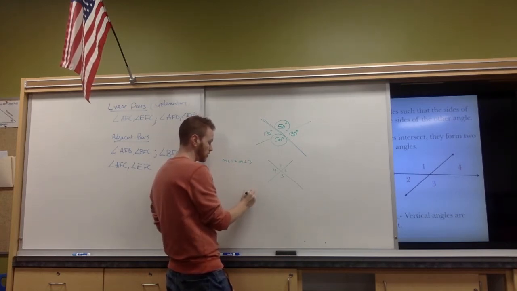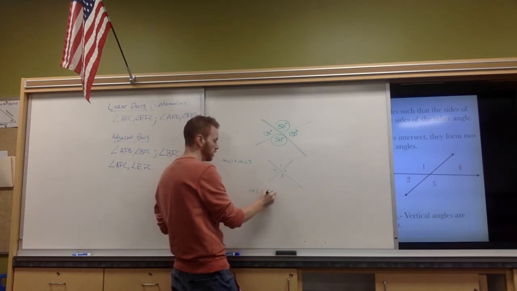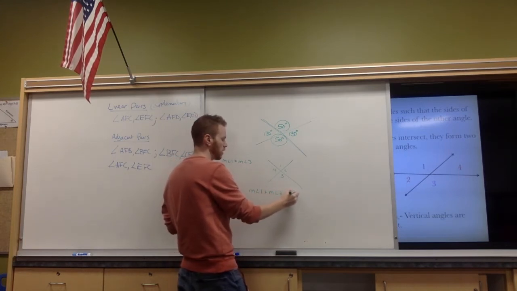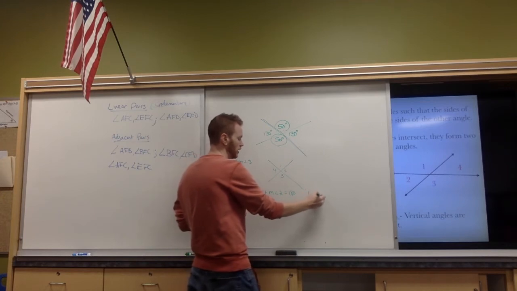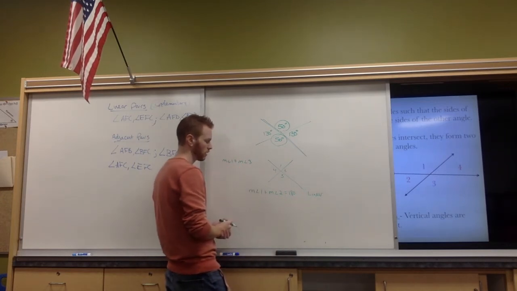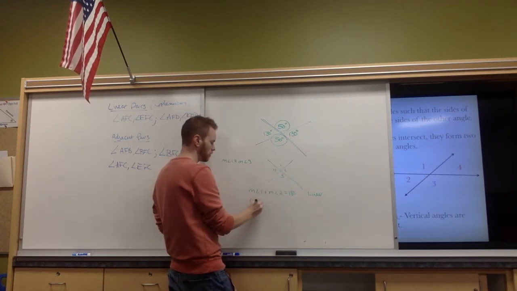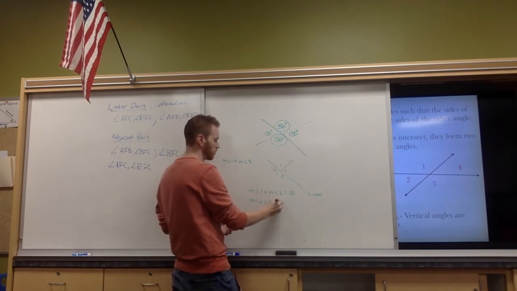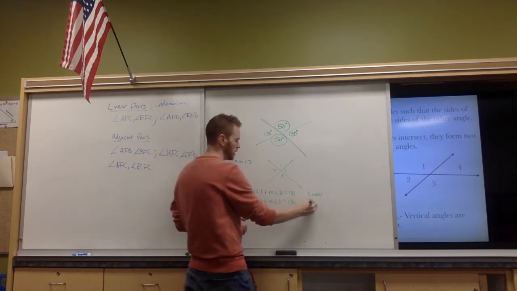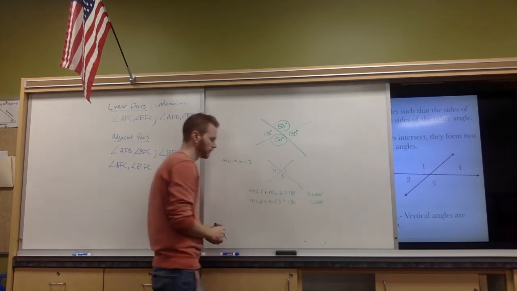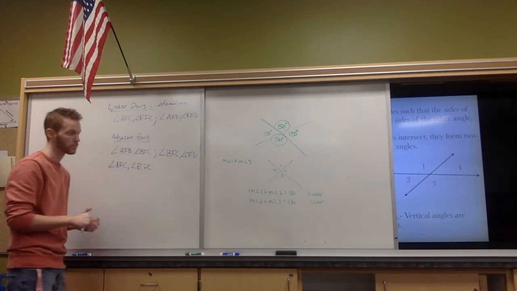So let's do that. So how we said the measurement of 1 and the measurement of 2 is 180. That's because they are linear, right? Then look, 2 and 3, measurement of 2 plus the measurement of 3 equals 180, because they also are linear. There's a lot of ways to prove this, by the way.